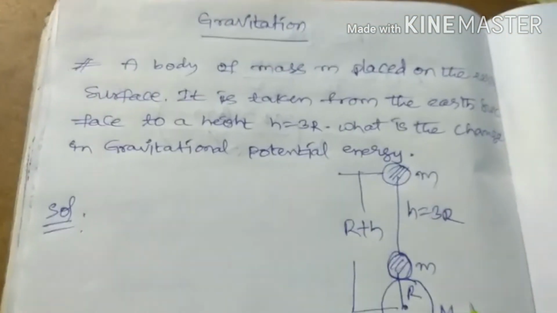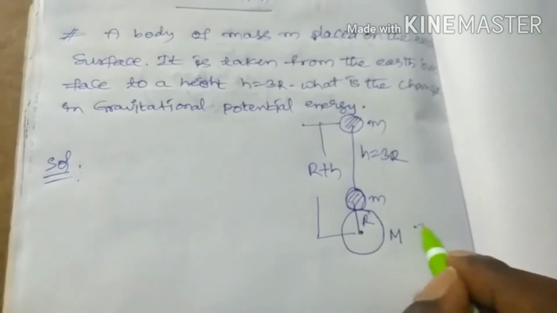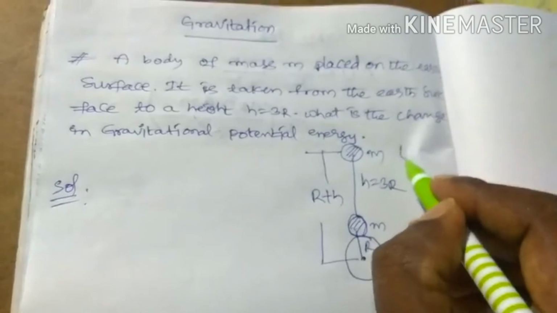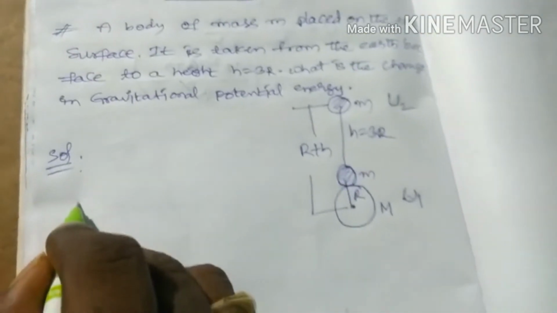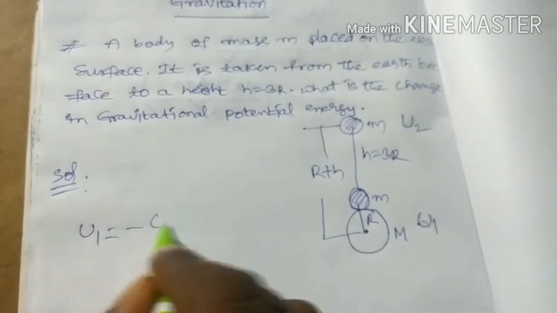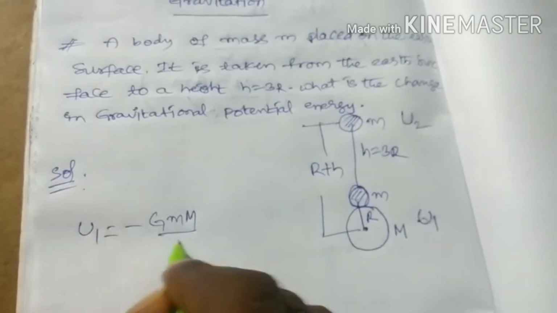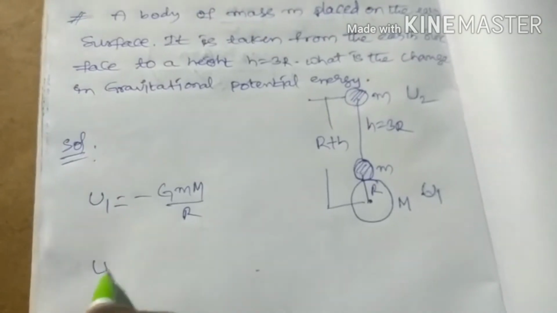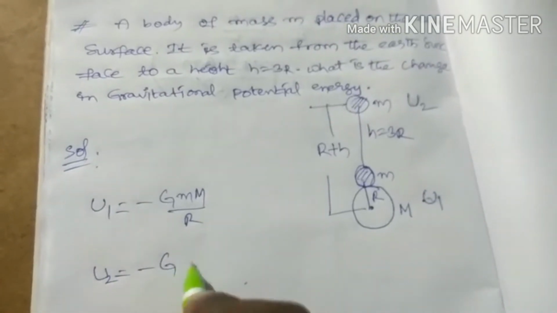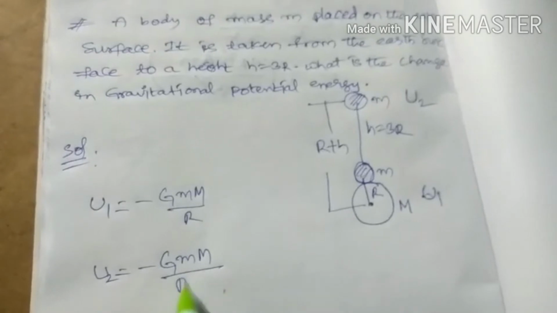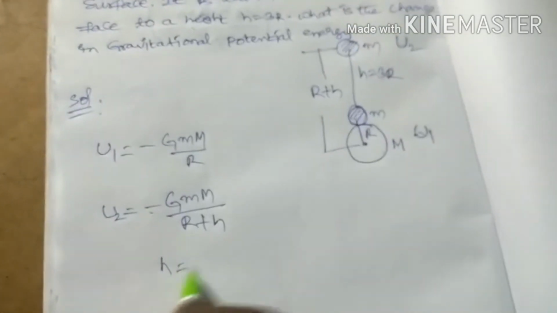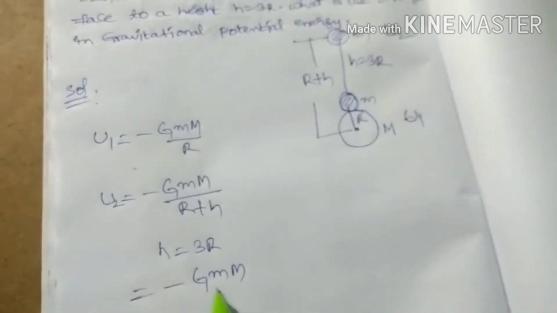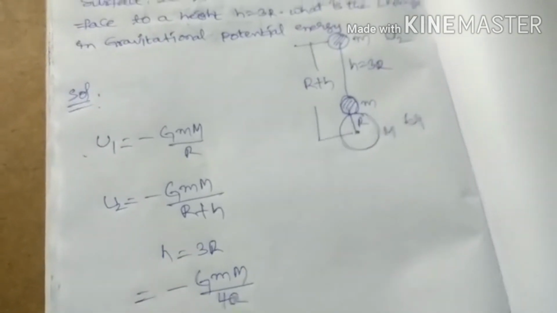The gravitational potential energy on the earth is U1, and at a certain height it is U2. Potential energy U1 is equal to minus GMm by R, and potential energy U2 is equal to minus GMm by R plus h. Here h is equal to 3R, so it can be written as GMm by R plus 3R, that is 4R.